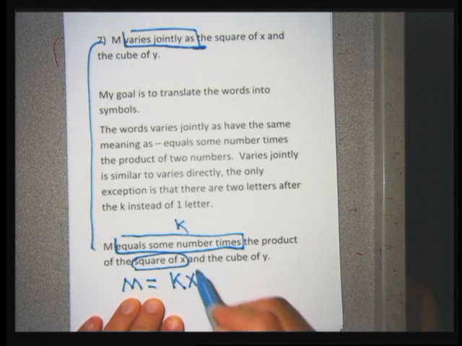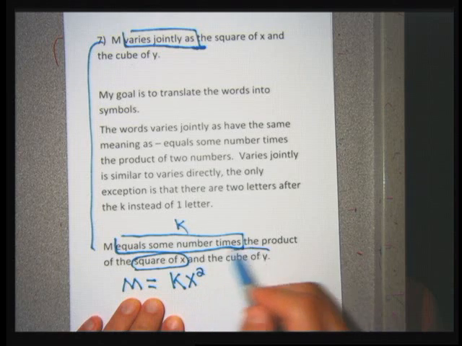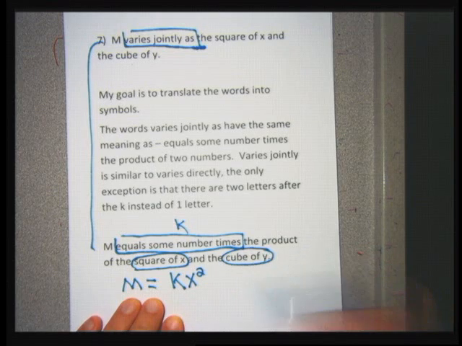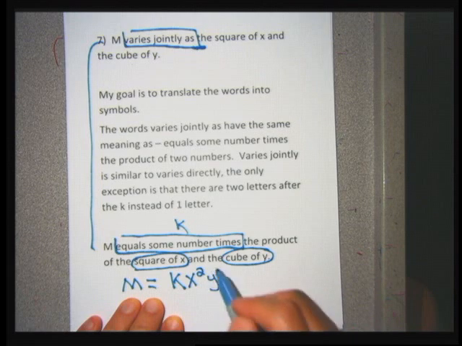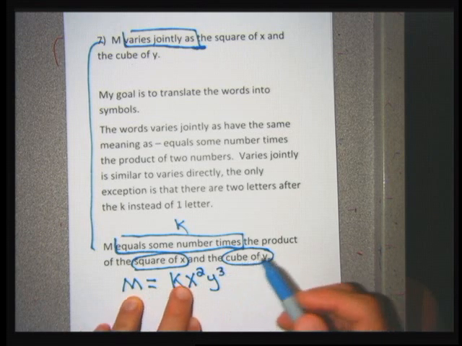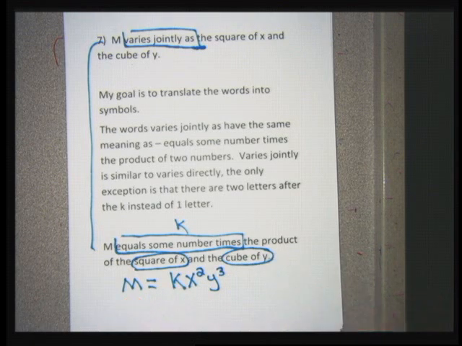I need an exponent. And the cube of y. I don't see the word root, so the cube becomes an exponent of 3. I don't really need the times symbol, because having the k, the x squared, and the y cubed next to each other implies multiplication. So jointly is not really that different than directly. It's straight multiplication, but you have two letters after the k as opposed to one.